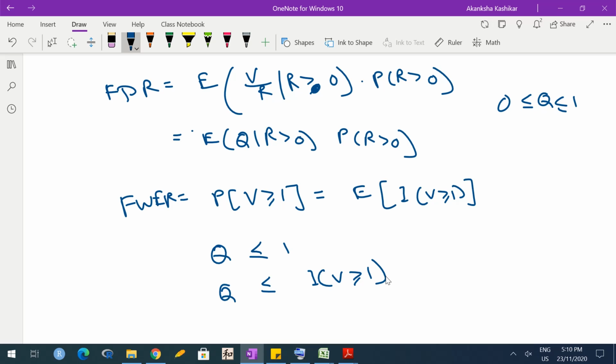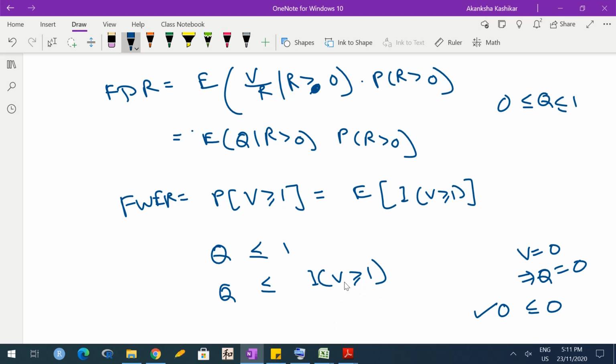Try to think. So indicator has two values. First value is 0. So when indicator is 0, it means that V is equal to 0. Because V is not greater than or equal to 1. So if V is equal to 0, we know that implies Q is 0. So in that scenario, I have 0 less than or equal to 0. So the inequality is satisfied.